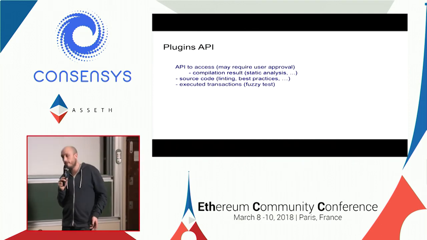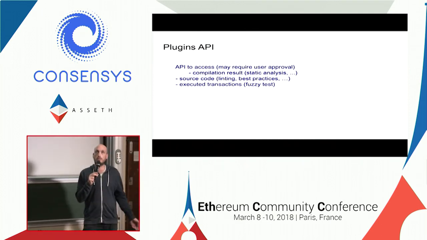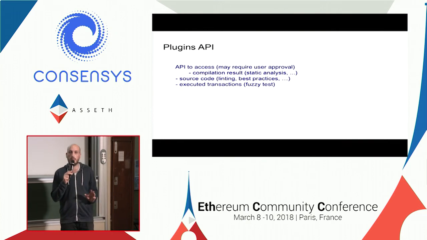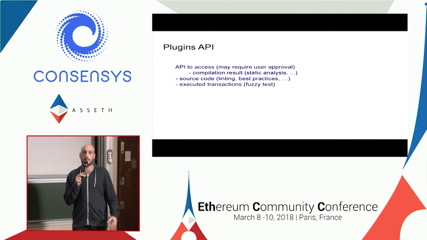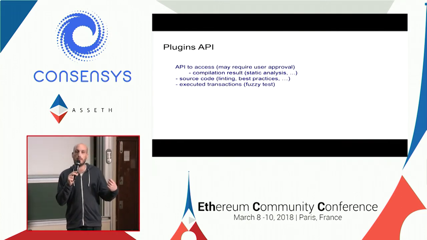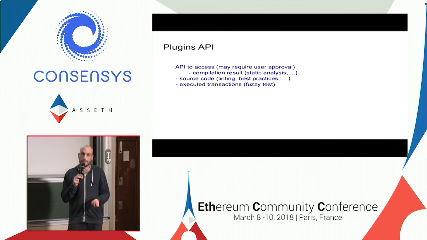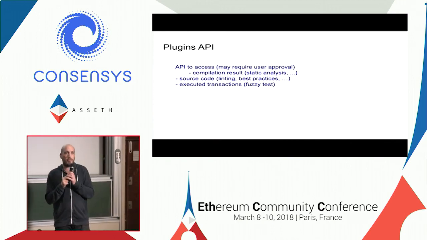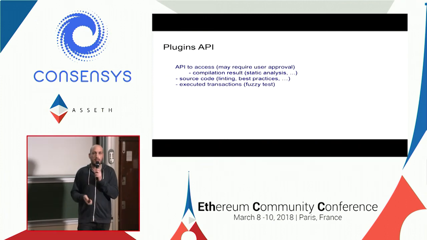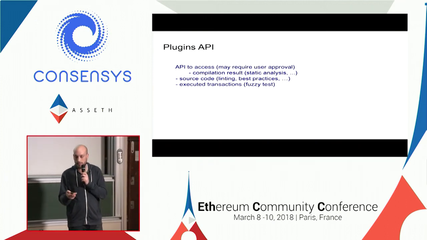And a plugin should also be able, maybe, we will see, but I think it's nice, to listen to transactions and then run some fuzzy tests on top of transactions. And then we can have multiple tools that the community can write.